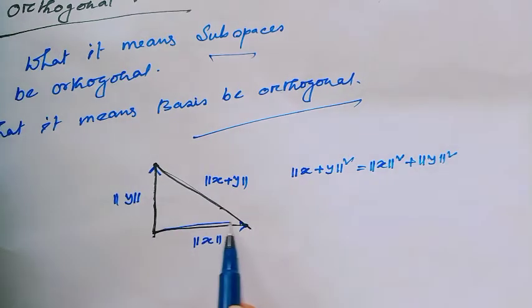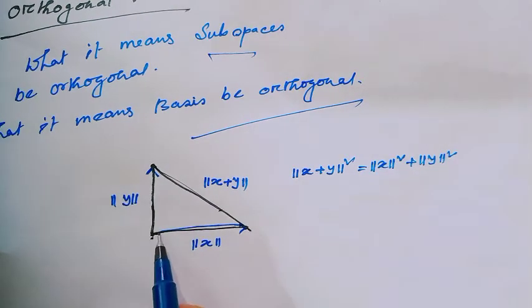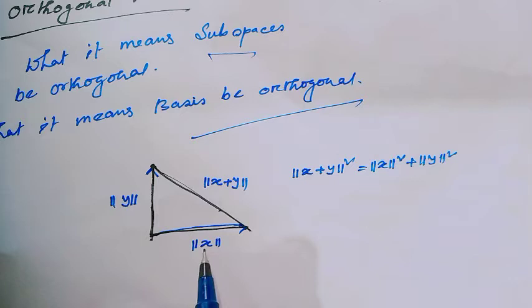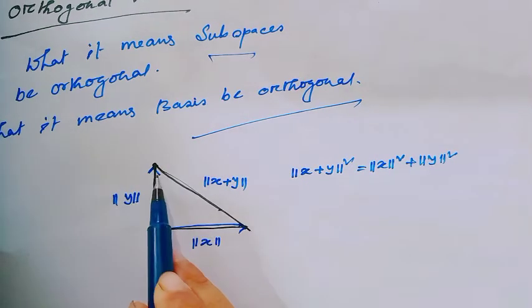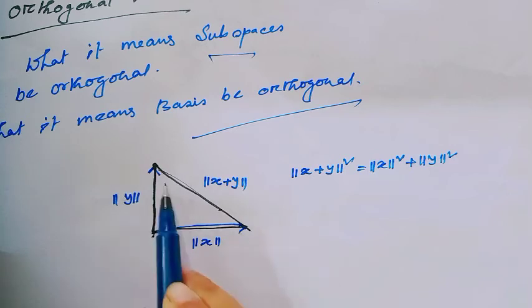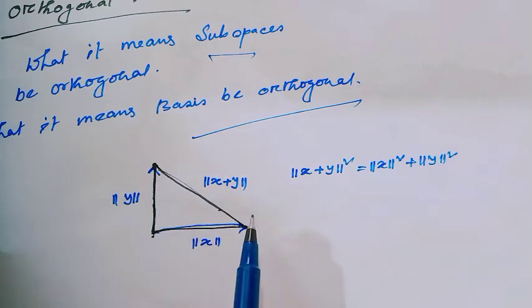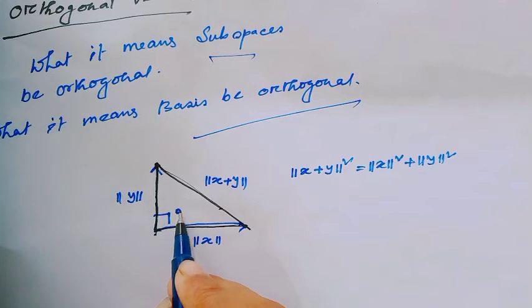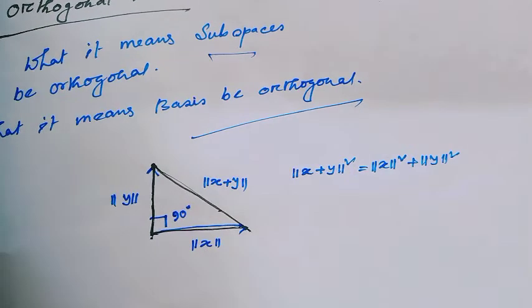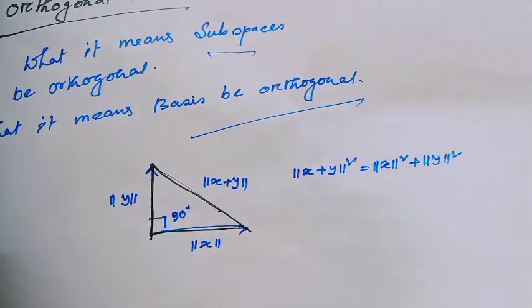This is one vector of length x, this is the vector of length y, and this is the vector of length x plus y, and the angle would be 90 degrees because I have considered a right angle triangle.